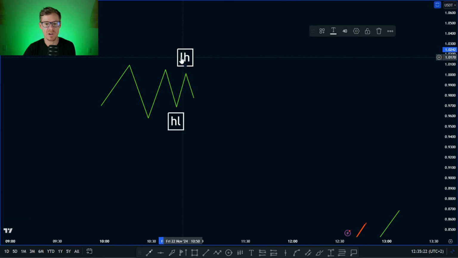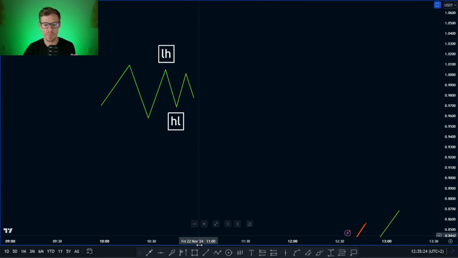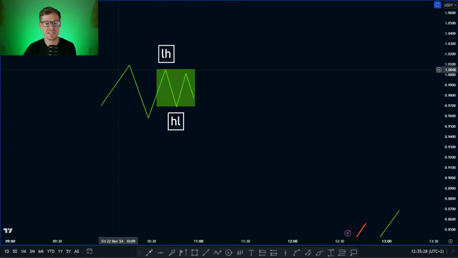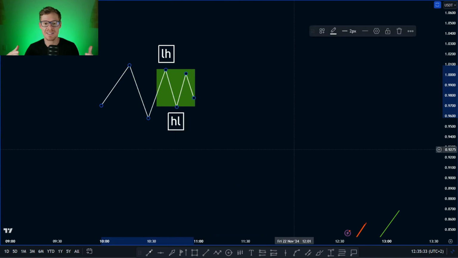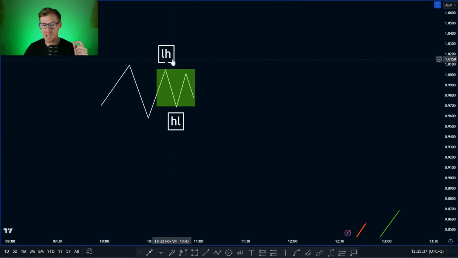Once you get a lower high and a higher low happening, this is where a box gets drawn around, and this represents the phase where contraction is happening because it's contraction of price. It's a tightening of price. So you have to have a simultaneous lower high and higher low. This represents contraction.